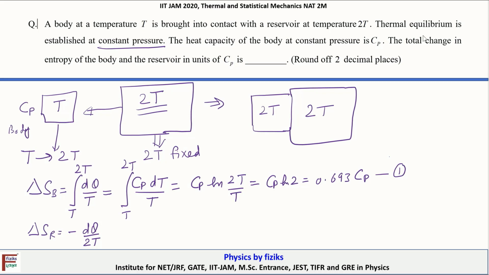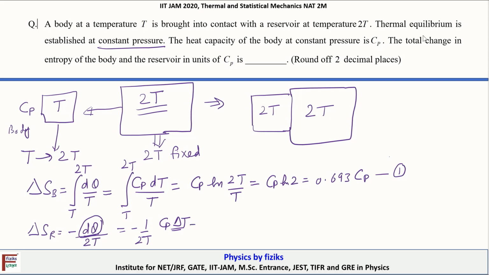And here what is dq? Dq is the amount of heat which is given by the reservoir, and exactly the same amount of heat will be taken by the body. So we will calculate this energy exchange between these two from the information that is given for the body. So dq will be, this is further equal to minus 1 by 2T as it is, and then dq is Cp times delta T, where delta T is the change in temperature of the body.